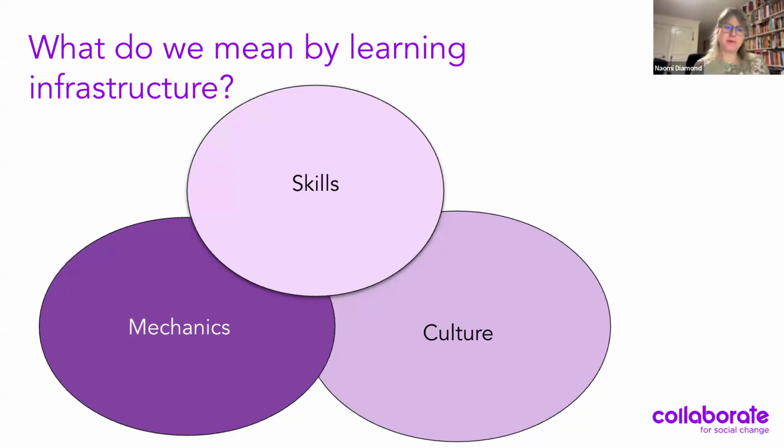And what do we mean by those? Well, the mechanics of the test and learn process is really the who, the what, the where, the when, and the how of learning, how we organize ourselves to learn. And it's what gives the test and learn process its structure and its momentum.